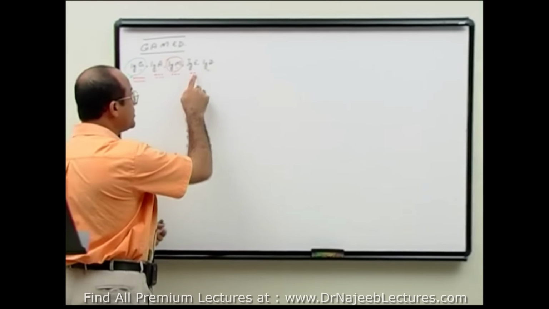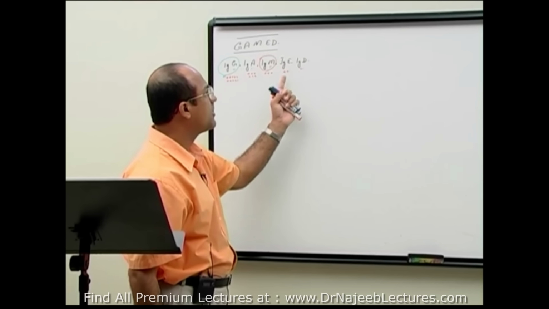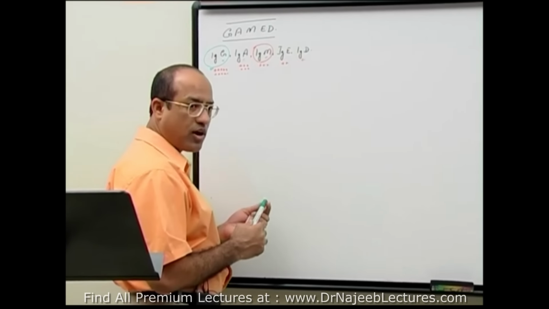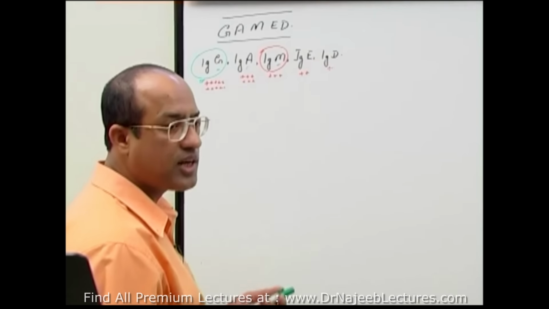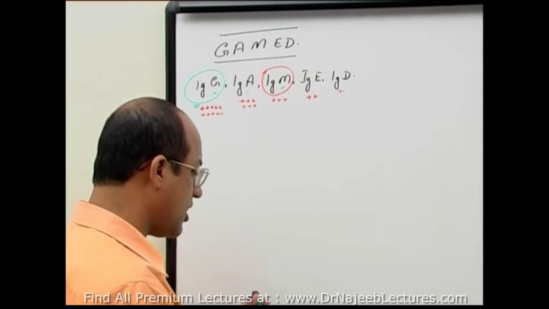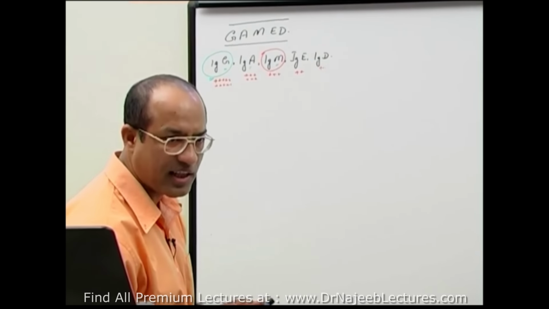Right? IgE is in the blood in very small amount, in traces. Now IgE, once it is formed, loves to bind with mast cells and basophils. IgE is also called cytophilic antibody. Cytophilic antibody means it loves the cell, right?